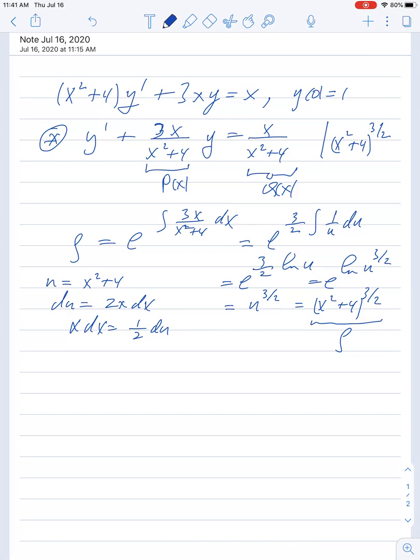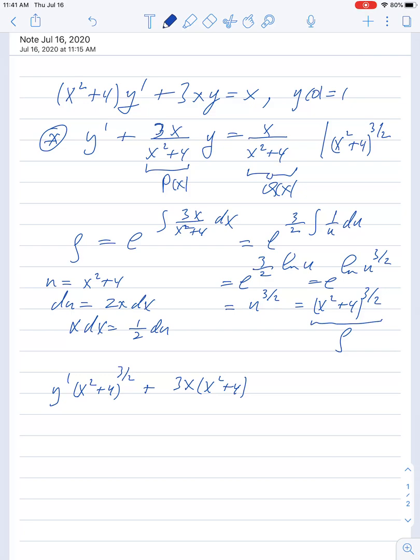What is the result of this multiplication? On the left side we have y prime multiplied by x squared plus 4 power 3/2, plus in the middle we have 3x over x squared plus 4.